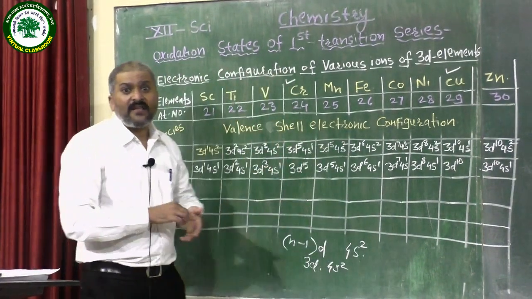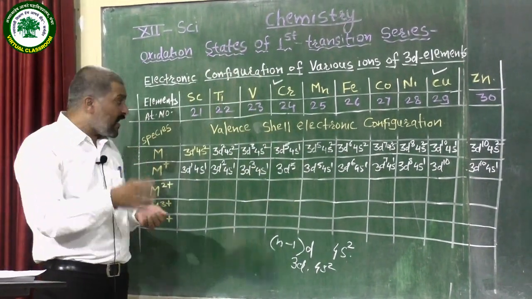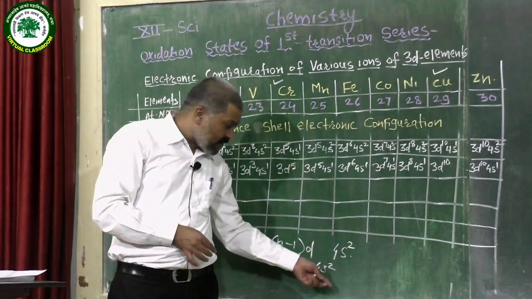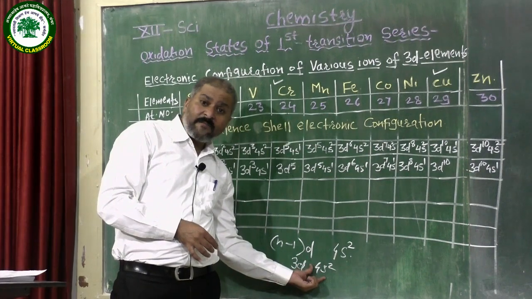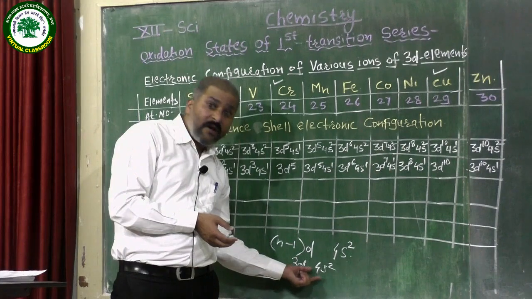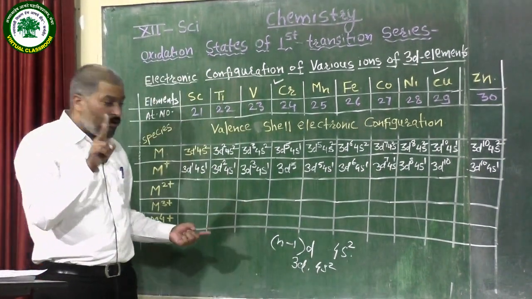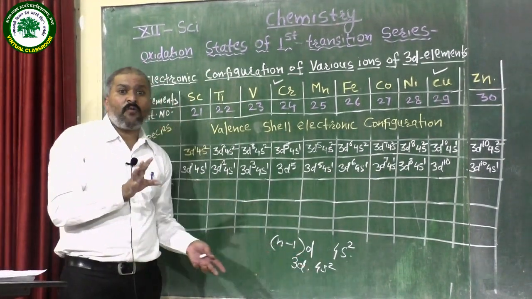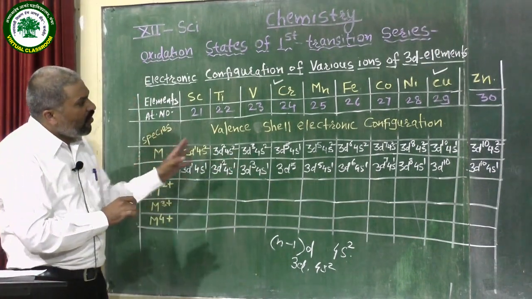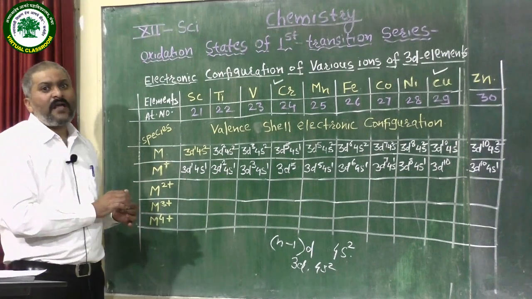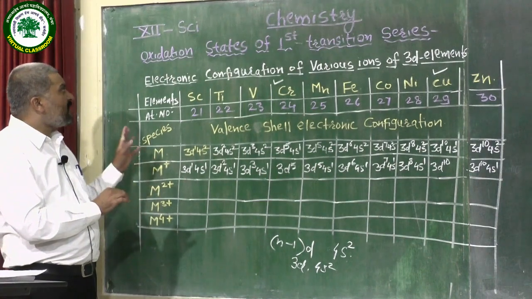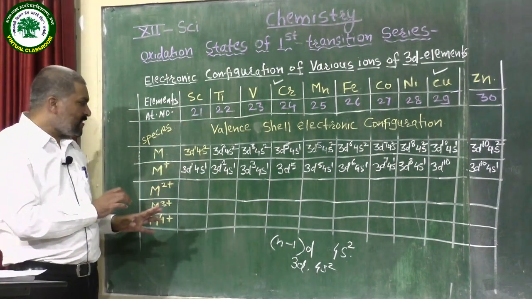When they take part in bonding, first the electrons from the 4s orbital take part in the bonding, first electron from 4s, second electron again from 4s. Because of that, almost all elements show +2 oxidation state, as it is the common oxidation state of this first transition series.